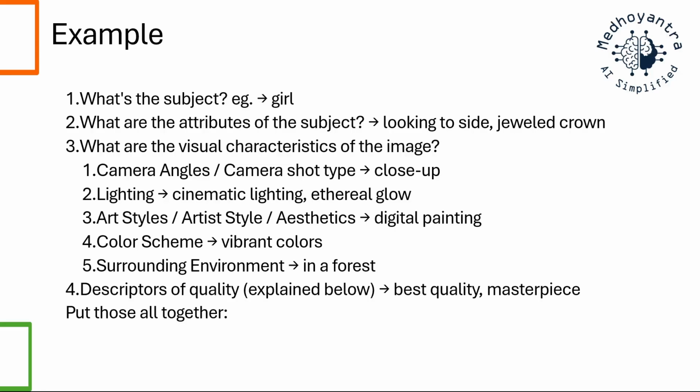Now, let's see what is in this example and what we have generated. So, I am generating the girl's image looking to the side, jeweled crown, close up, cinematic lighting, ethereal glow, digital painting, vibrant colors, inside a forest, and I want a masterpiece and best quality.